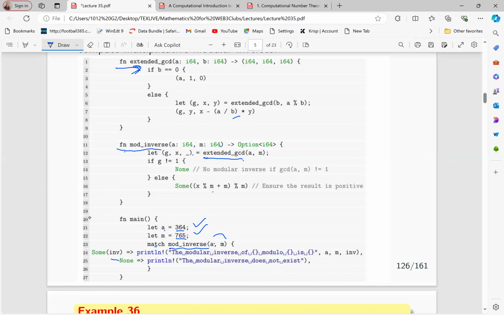Now look at this. After that, if there is some inverse, this code will print the modular inverse of a modulo m is, so it puts the inverse here.